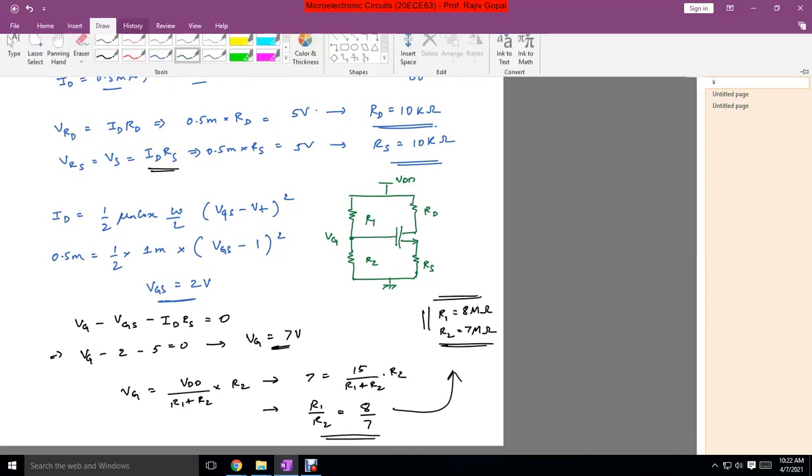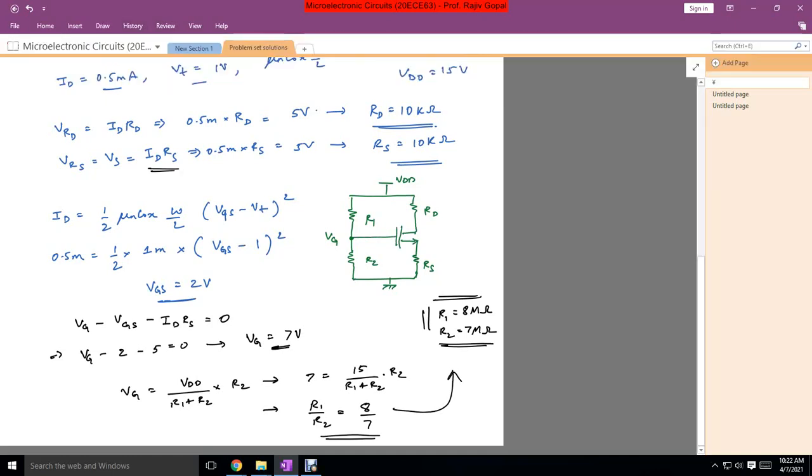Here RD is 10 kilo ohms, RS is 10 kilo ohms, VDD is 15 volts, R1 is 8 mega ohm, R2 is 7 mega ohm.